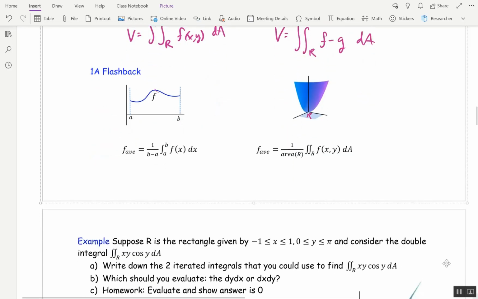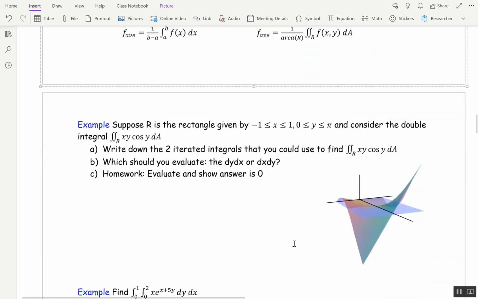Okay, so let's do another one. Suppose R is the rectangle given by x goes from -1 to 1, y goes from 0 to pi, and consider this double integral. Write down two iterated integrals. Iterated integrals are just double integrals with the limits on them that you could use to find whatever this number is. Which one would you evaluate if you actually had to do it?